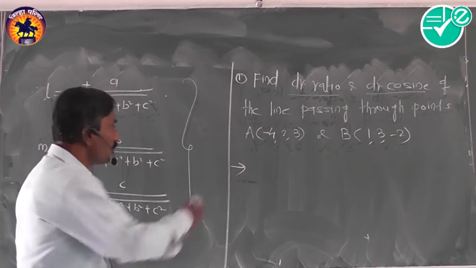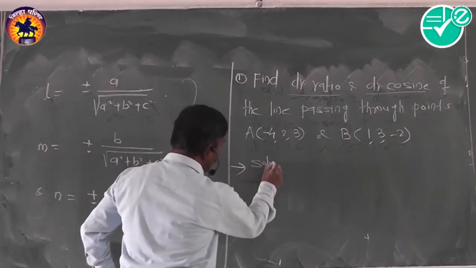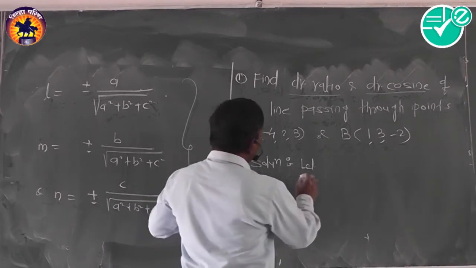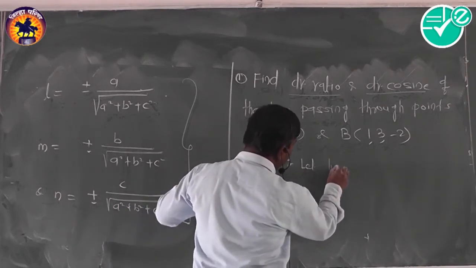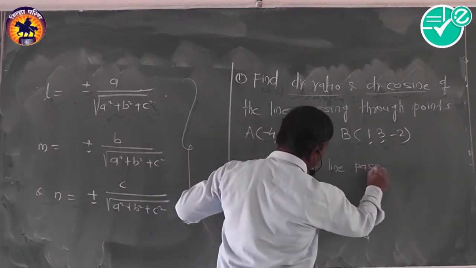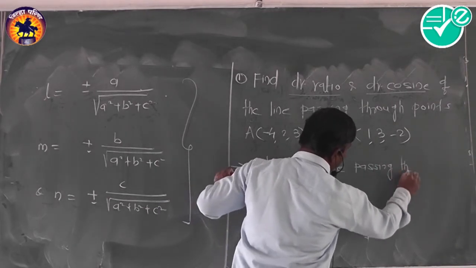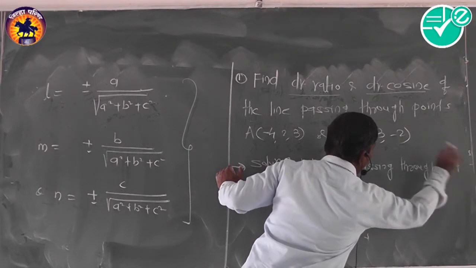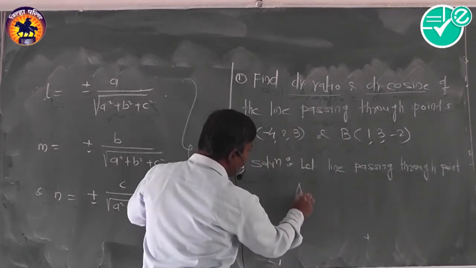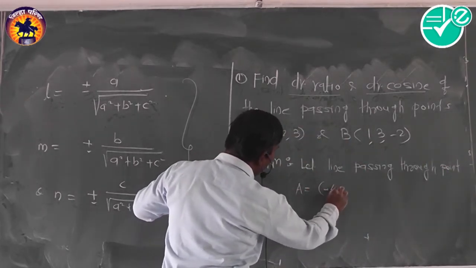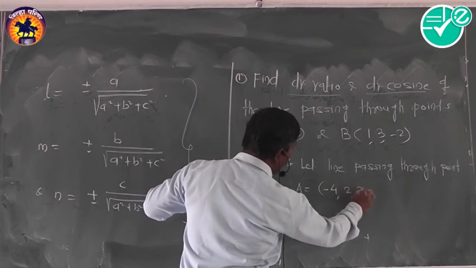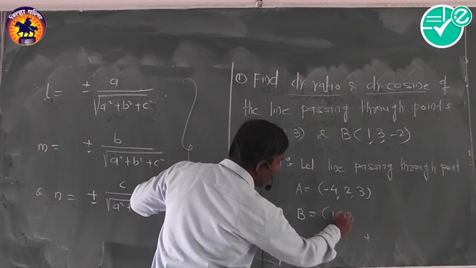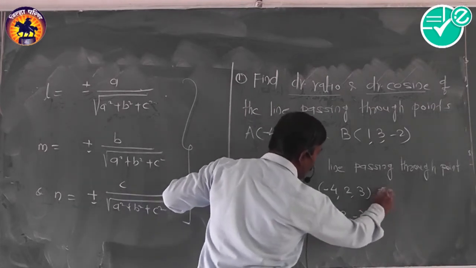Now we will solve it. Solution. Let a line pass through points A minus 4, 2, 3 and B 1, 3, minus 2.